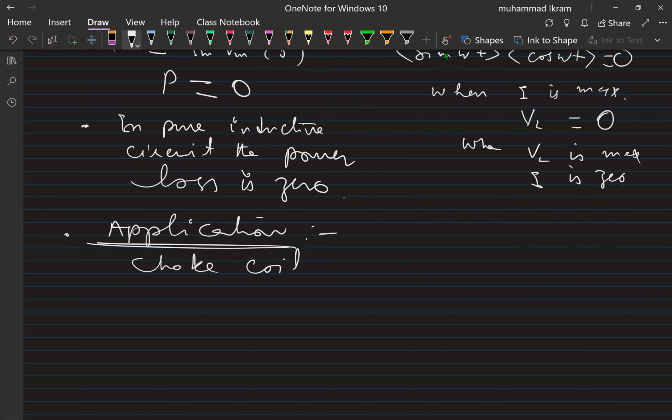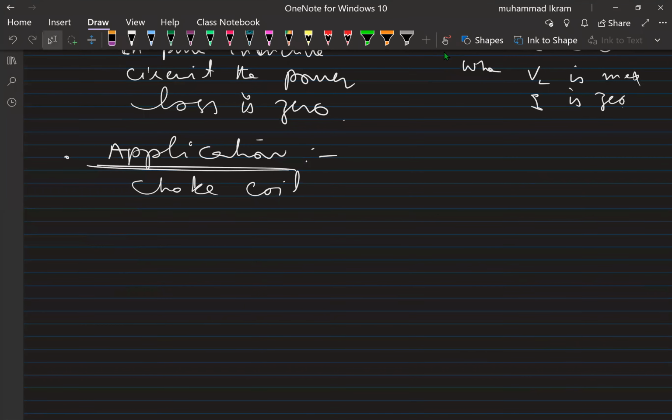So this is used to control the power surge in the circuit, right? That is, the inductor is used for controlling the current or power surge in the circuit.